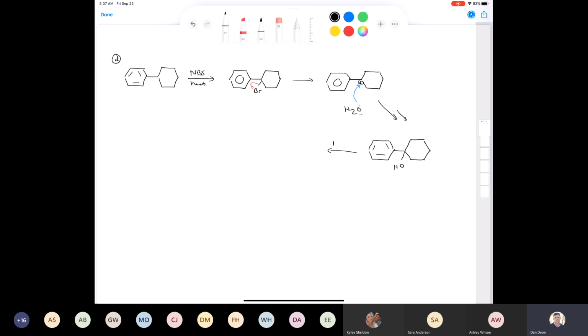And then if you took that and treated it with sodium methoxide, all you would end up with is this alkoxide like that. That's what you'd have. All right, so that is why. Let me erase all that spinach.